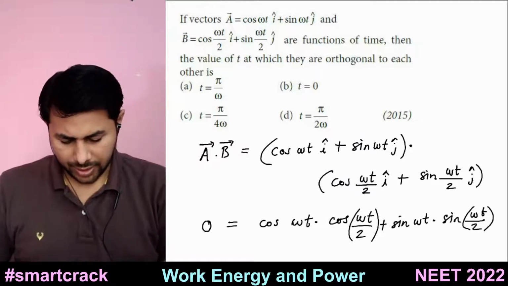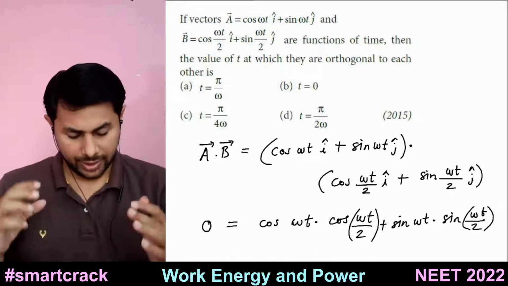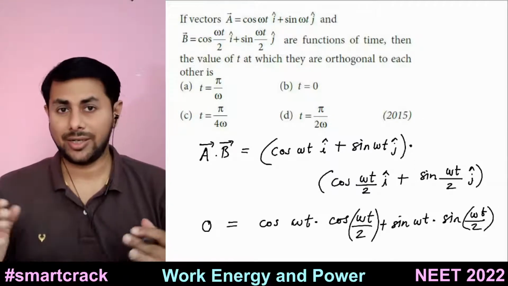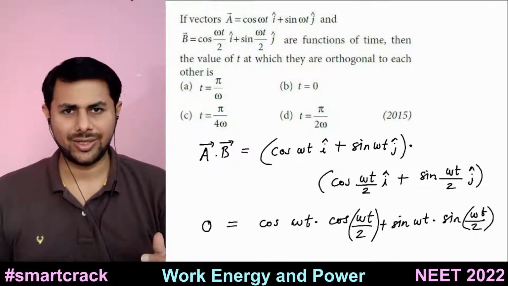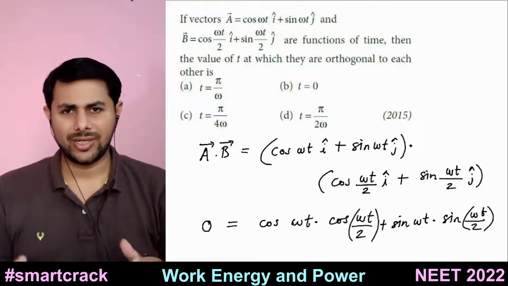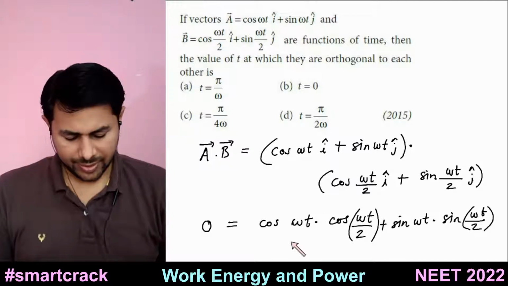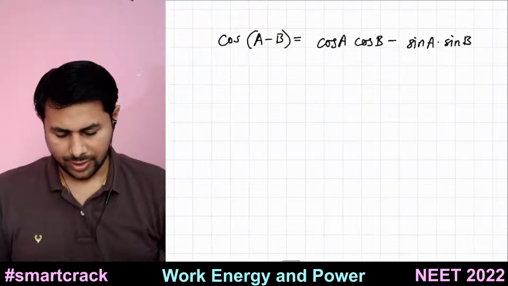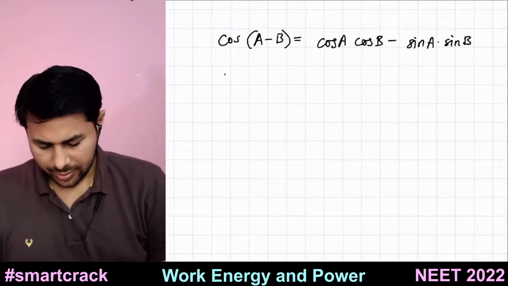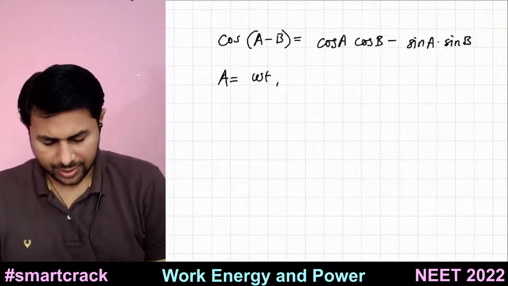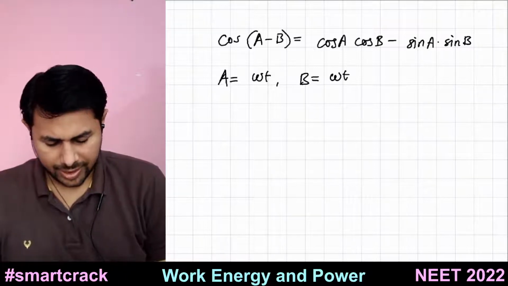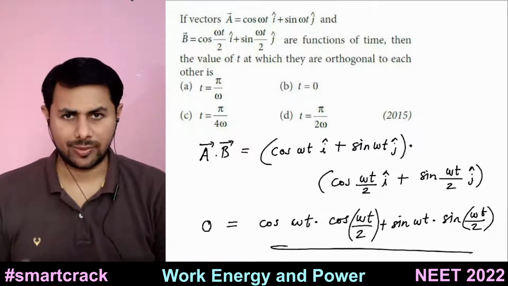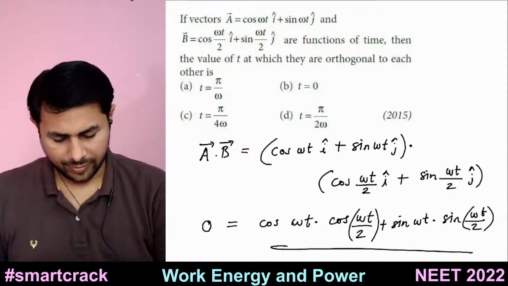Here, if you look, it is cos of omega t into cos of omega t by 2 plus sin of omega t into sin of omega t by 2. It is cos A cos B plus sin A sin B if A is equal to omega t and B is equal to omega t by 2. Then this thing is cos of A minus B.